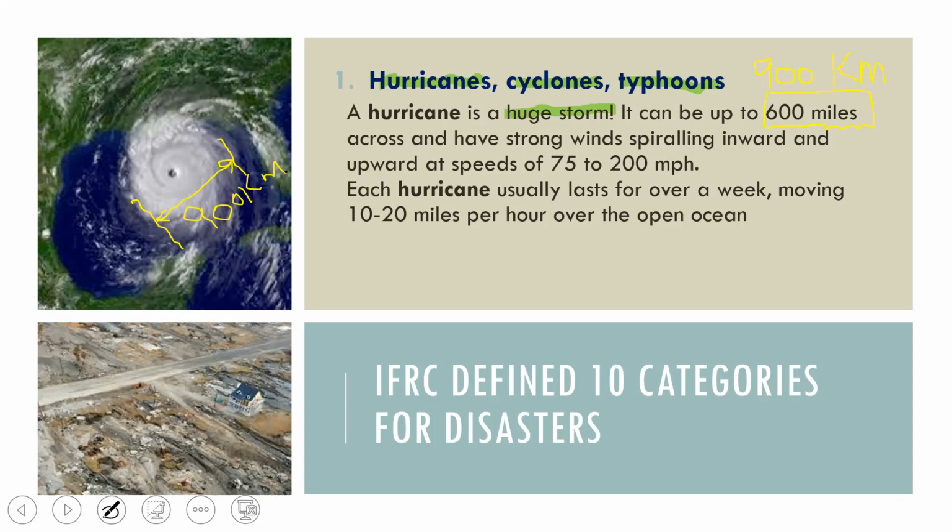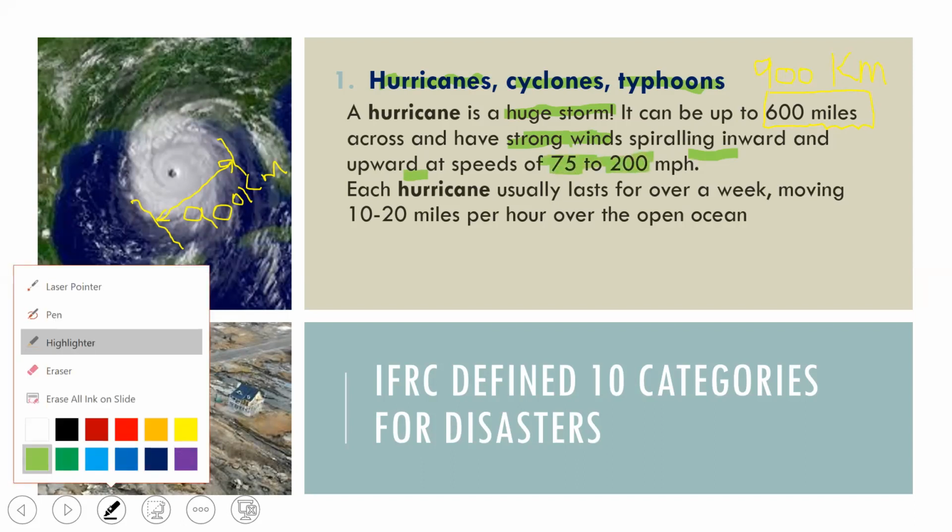So what does it say next? It says a huge storm, it can be up to 600 miles across, having strong winds. The hurricane is mainly about wind. And the wind movement is spiraling, we are going to illustrate this, spiraling inward and upward at a speed of 75 to 200 kilometers per hour.